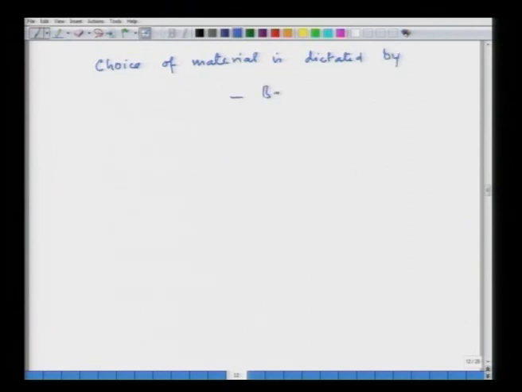The band gap Eg, which is basically the difference between the conduction band minima and the valence band maxima.